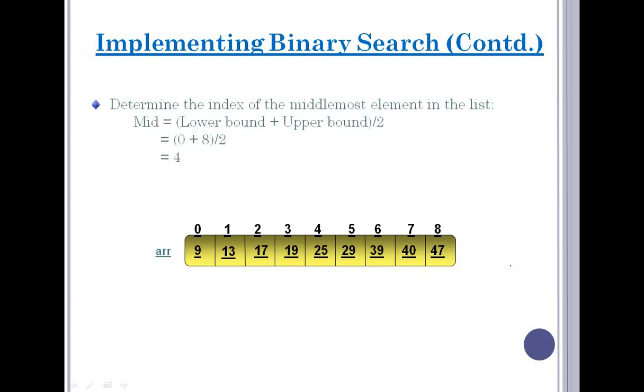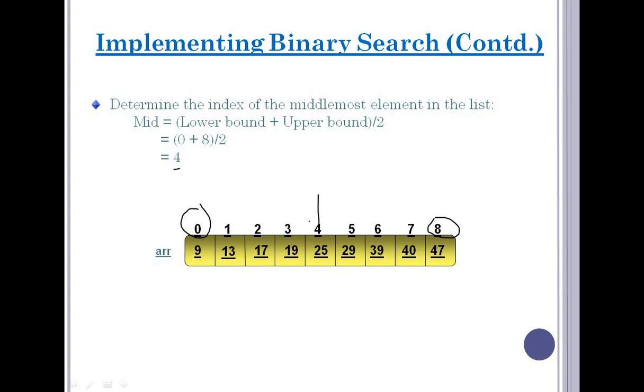Now, how does this search algorithm work? In every step we have to determine the index of the middle element in the list. Here my lower bound is 0 and my upper bound is 8. So low plus high divided by 2, that is 0 plus 8 divided by 2, is 4.